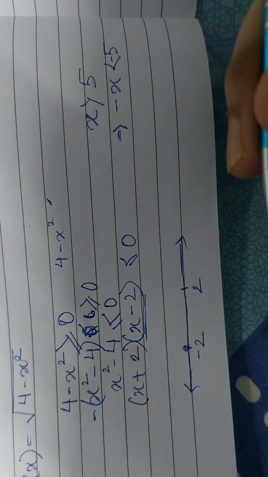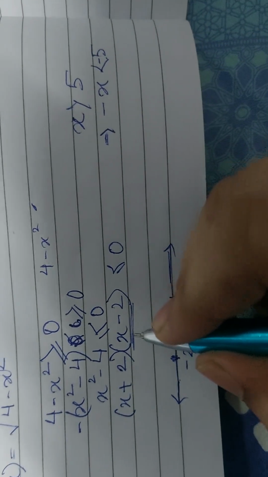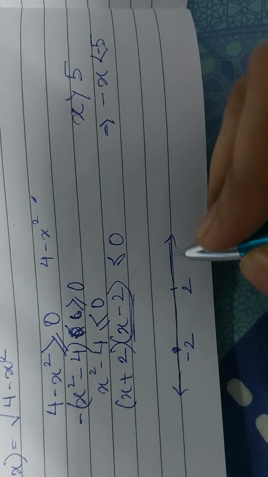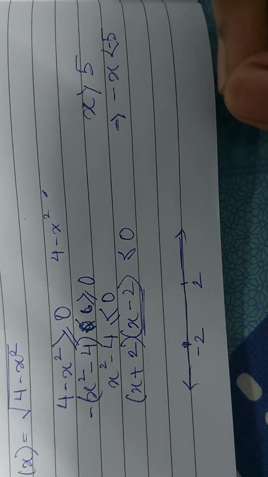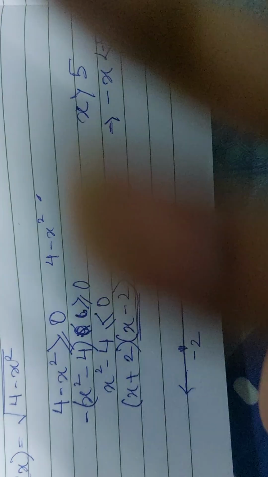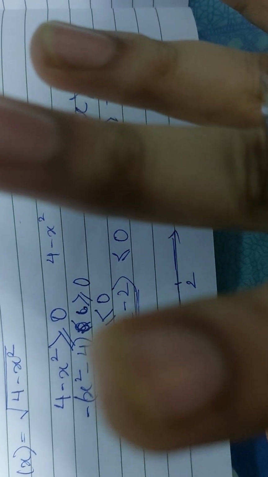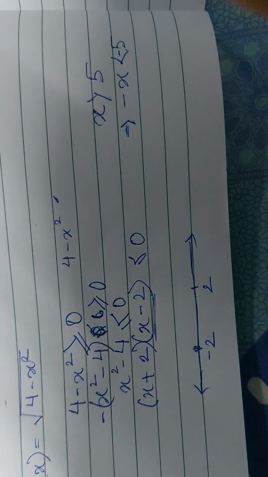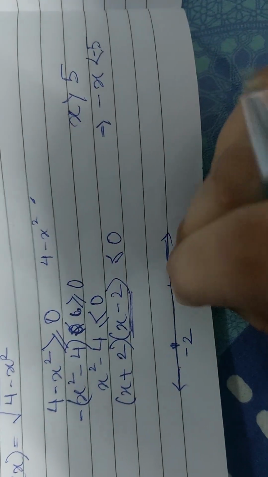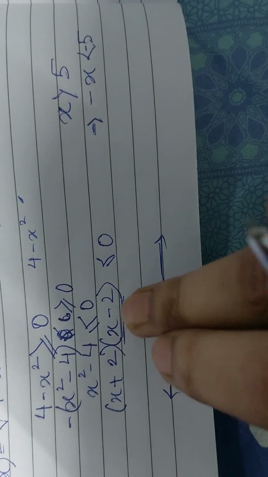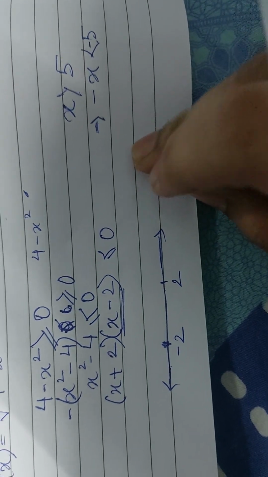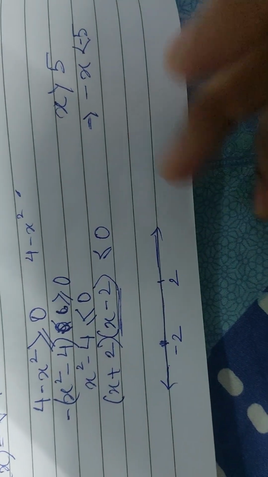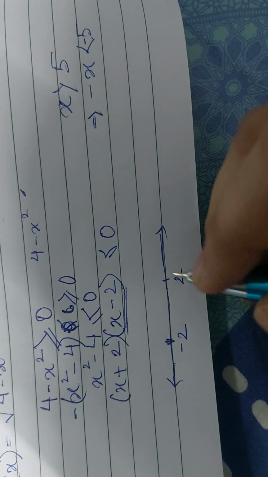Basically what you have to do is put x minus 2 equals to 0, and then x will be 2. That is our critical point.